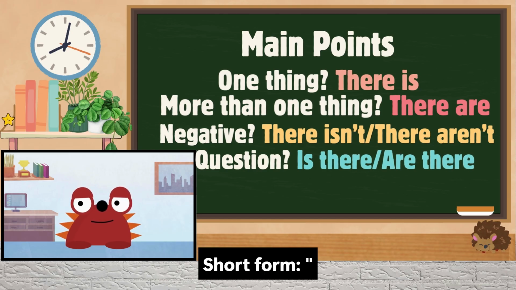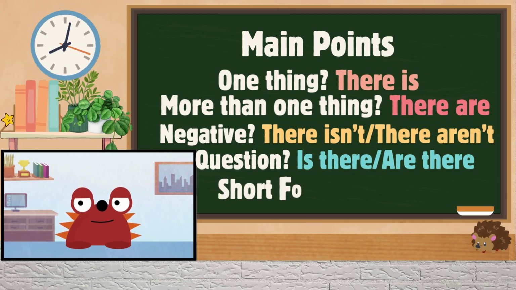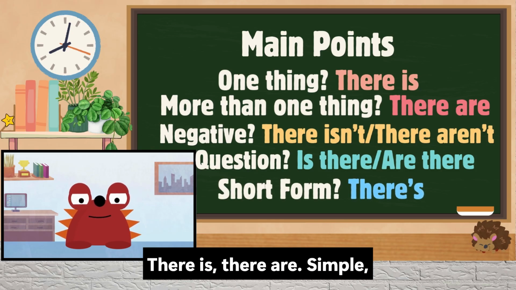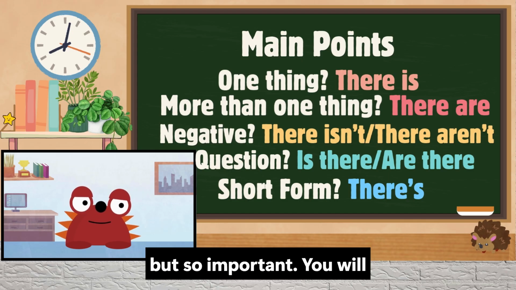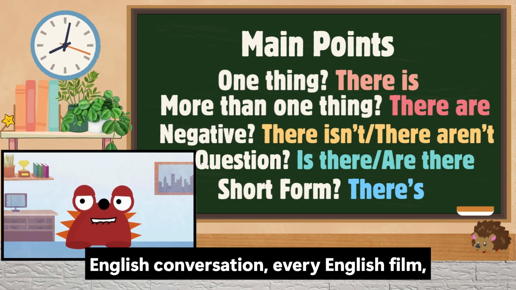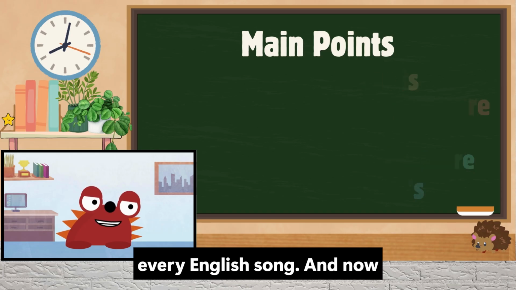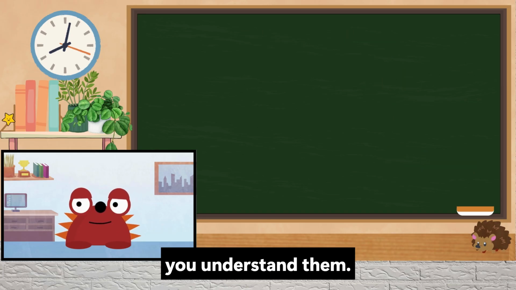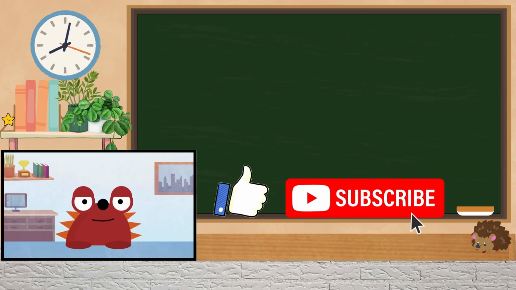Short form, there's. There is, there are. Simple, but so important. You will hear these words in every English conversation, every English film, every English song, and now you understand them.